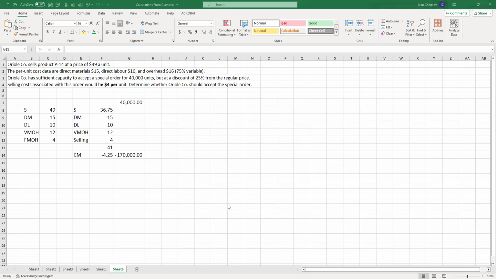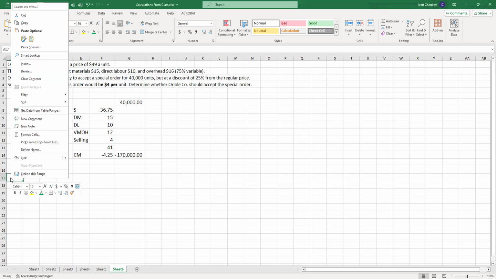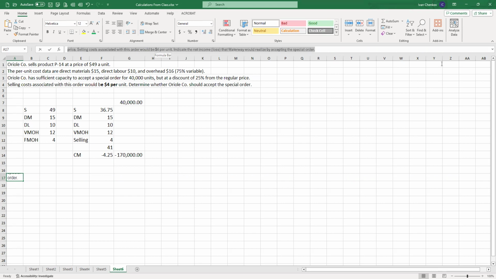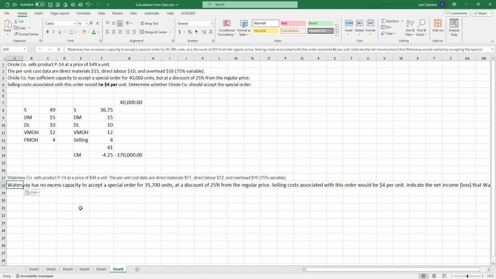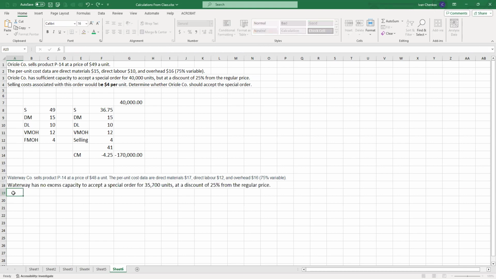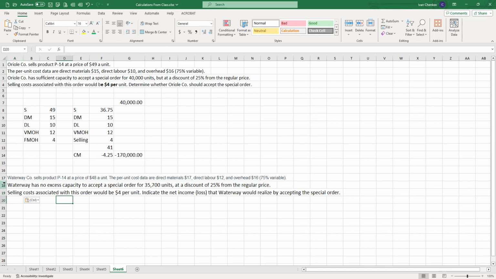Again, special order. We're dealing with special orders again. Let me paste this question here. This company, product P, selling price 48 per unit. Can you guys see it?